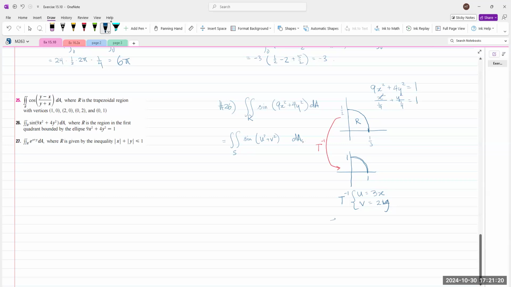Now to find the Jacobian, let's say the Jacobian of T inverse will be 3 times 2, that's 6. So the Jacobian of T will be 1/6.